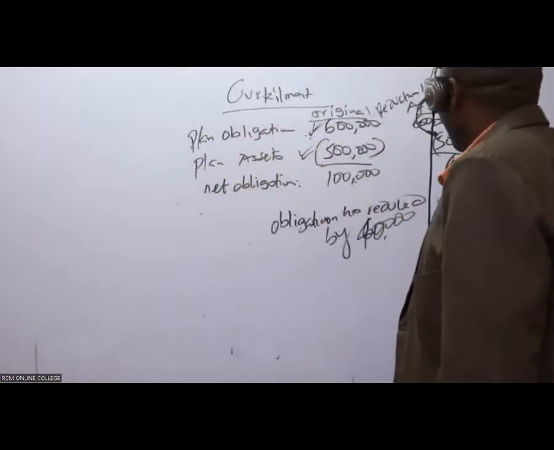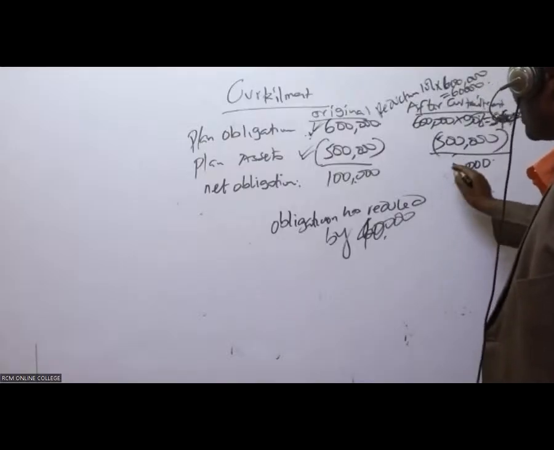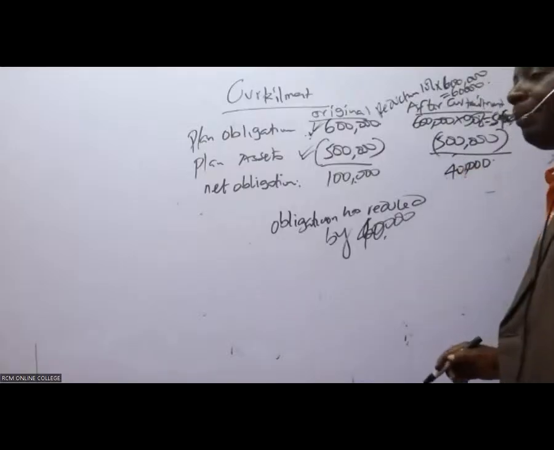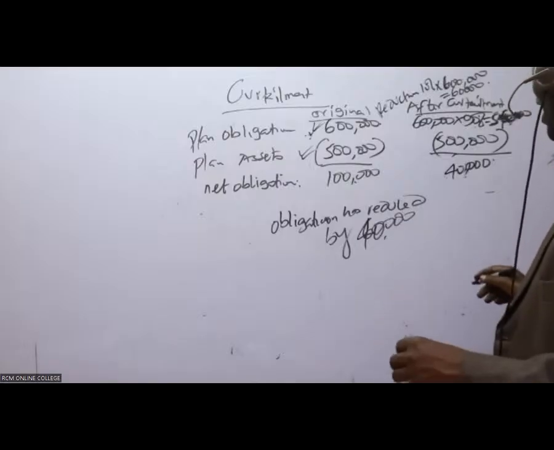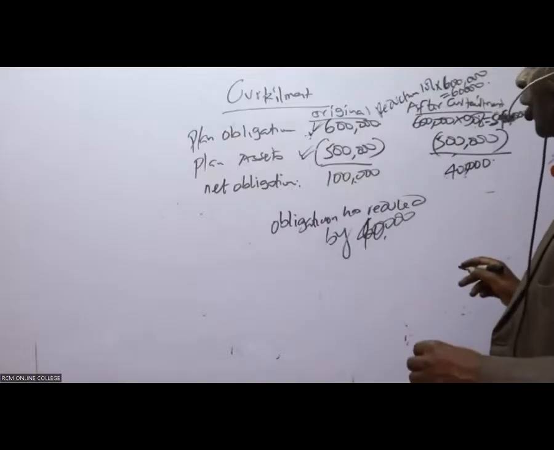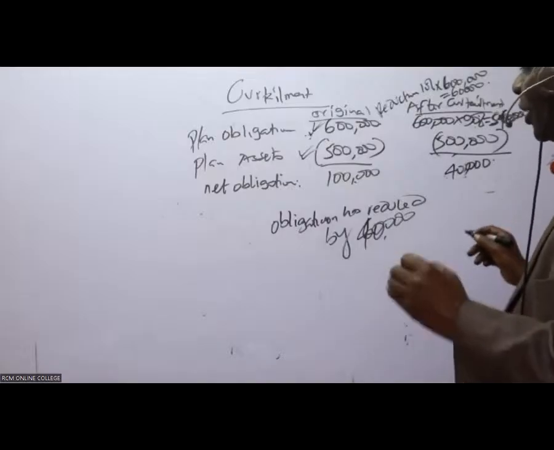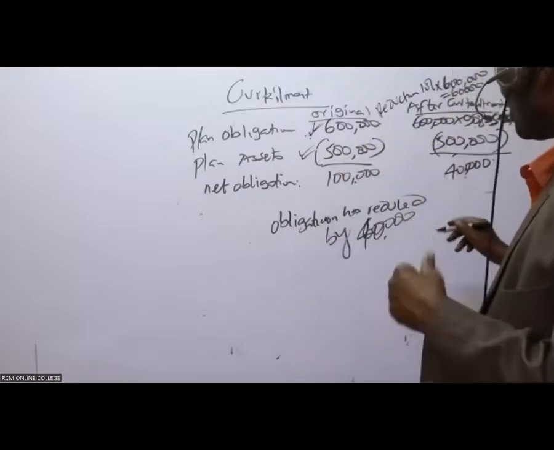Therefore, ladies and gentlemen, which is part of learning anyway, in this case we can see 40,000 like that. So if that is the case, the obligation has reduced. By how much? You can see the net, initially it was 100,000. After curtailment, now it's 40,000.